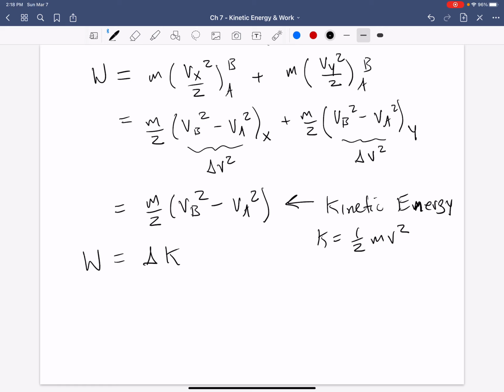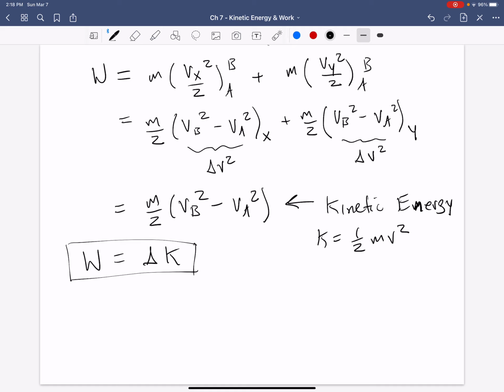And so this entire process was getting us down to this point. The work done by a force as it moves from some initial point to some final point is simply equal to the change in its kinetic energy between those 2 points. That's it. So you can do this for every type of force, right? And then you can simply add them all up to get the total work done, which should equal the total change in kinetic energy.